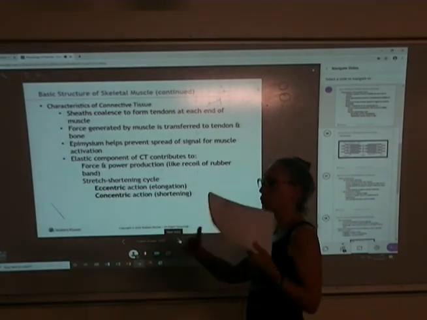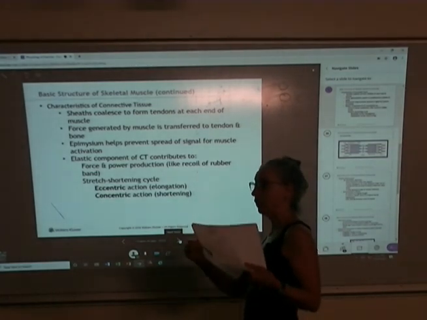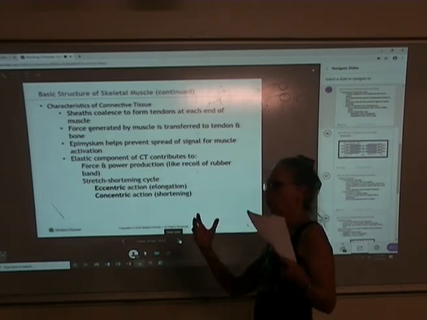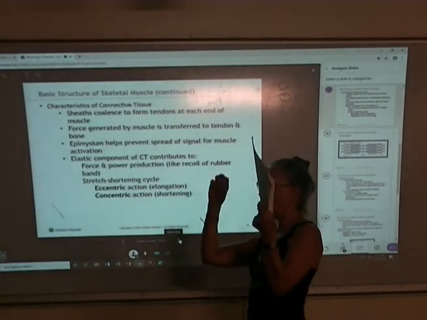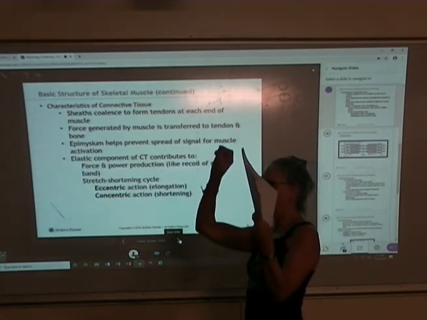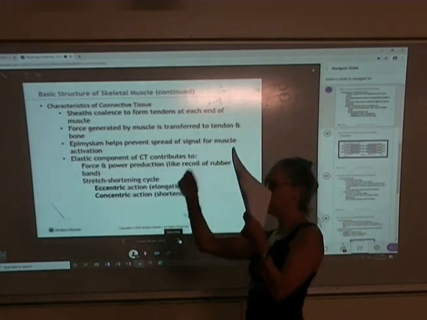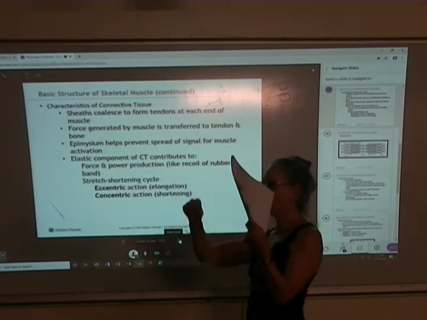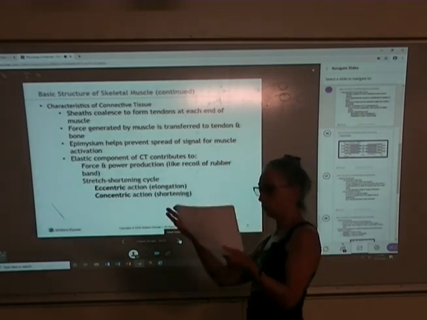Okay? So a coordinated movement pattern is partly due to the brain learning that grouping of which fibers do I turn on, how much do I turn them on, when do I turn them on, when do I turn them off. Okay?